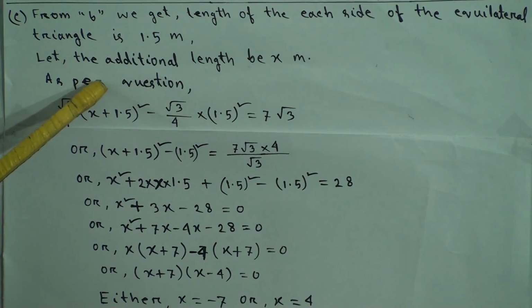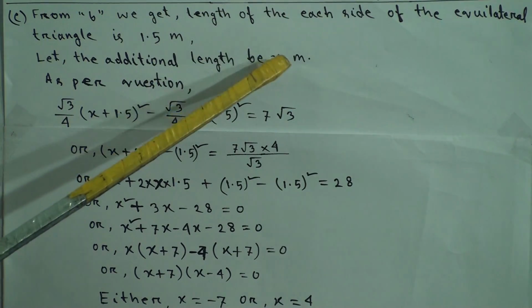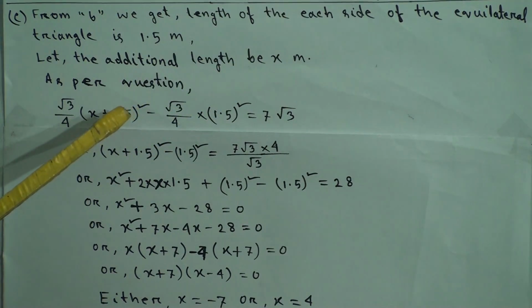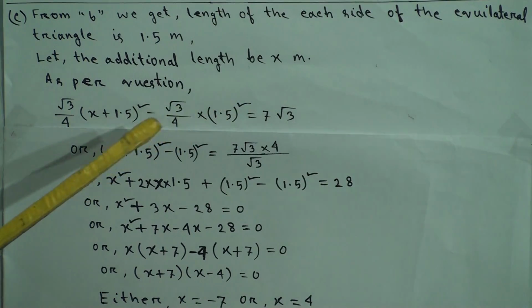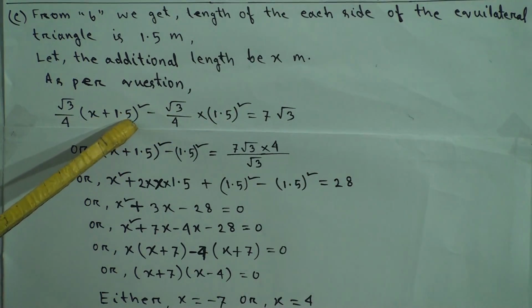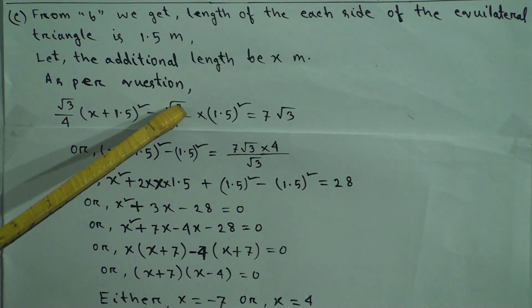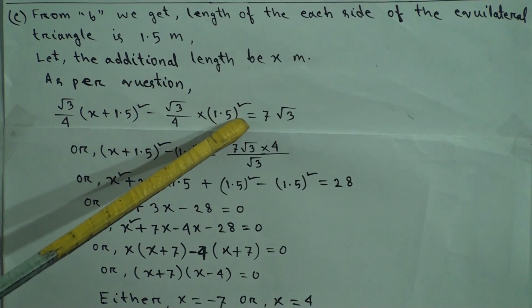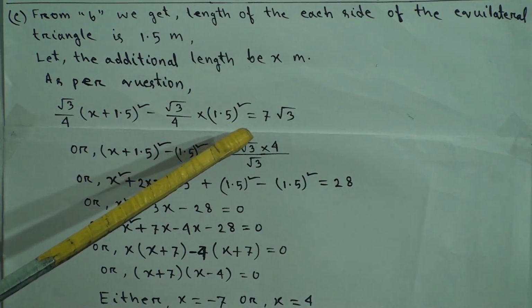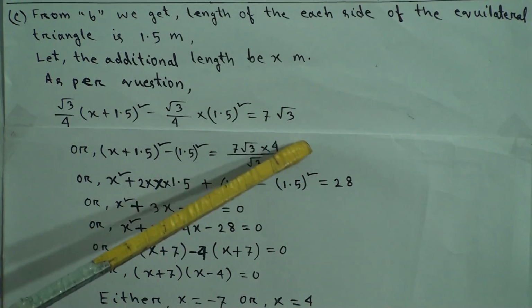Now suppose that the additional length be x, so including the additional length the area will be √3/4 (x plus 1.5) whole square minus the previous length √3/4 (1.5) whole square, and the additional area is 7√3.